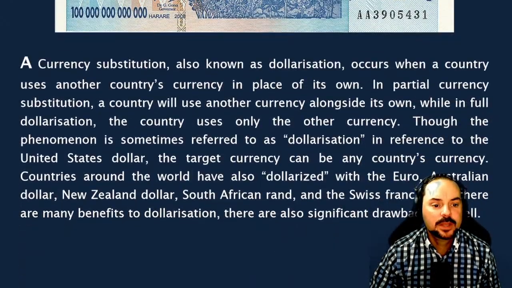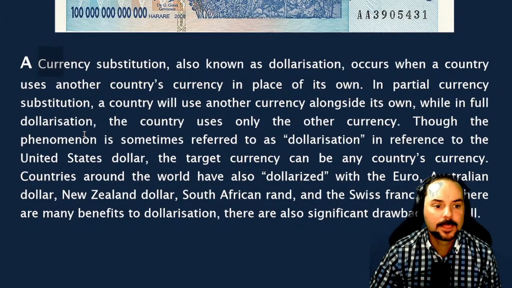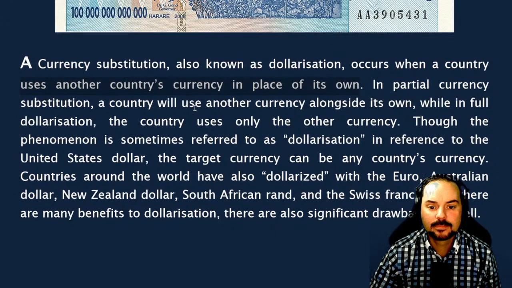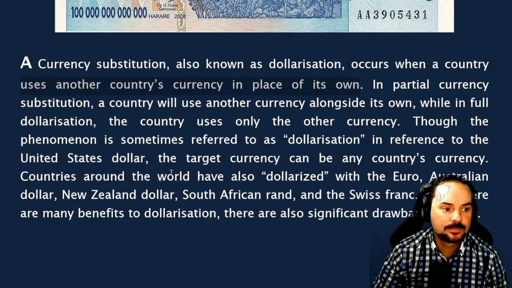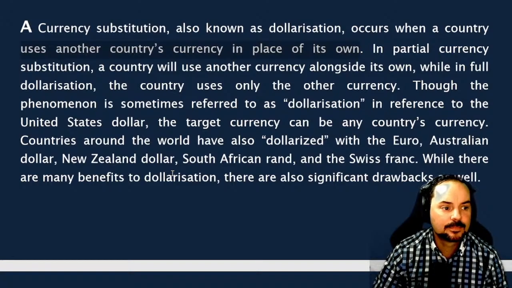Body paragraph 1. Whenever you're ready, begin reading from currency substitution. Currency substitution, also known as dollarization, occurs when a country uses another country's currency in place of its own. In partial currency substitution, a country will use another currency alongside its own, while in full dollarization, the country uses only the other currency.